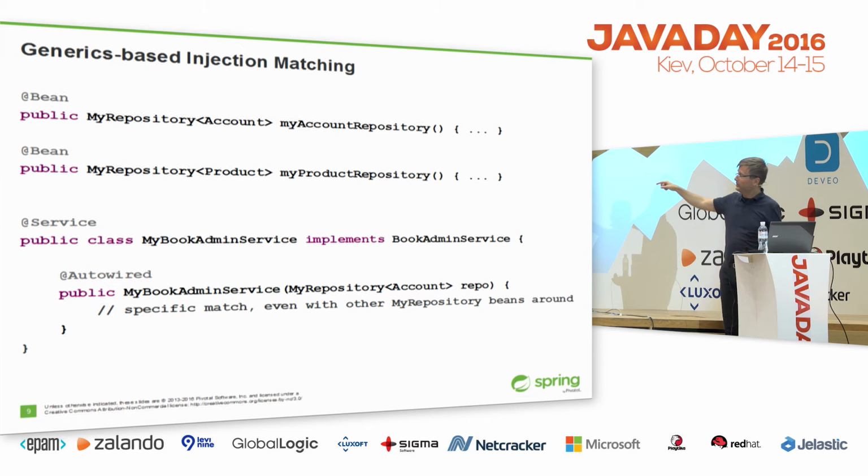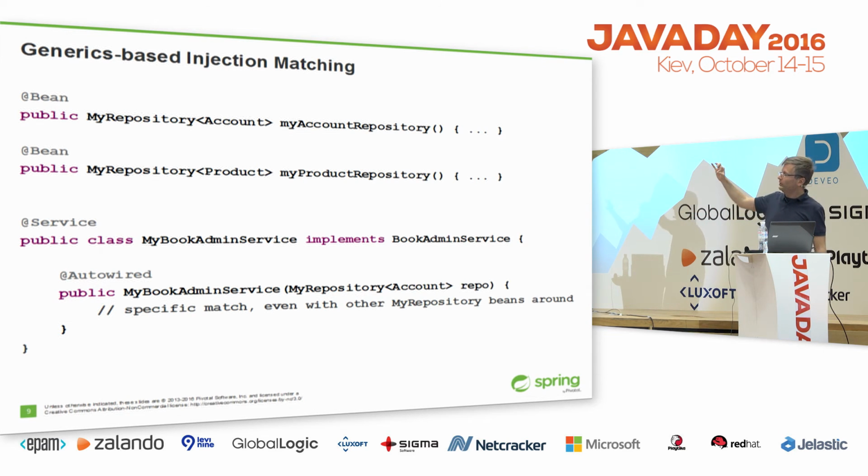Because the matching algorithm is going to take the injection point declared type here, MyRepository of Account. It's going to try to find corresponding assignable bean instances among the other bean definitions in this application context. So it's going to look at the bean definitions derived from those admin methods. It's going to find out that MyRepository of Account is a match, but MyRepository of Product isn't.